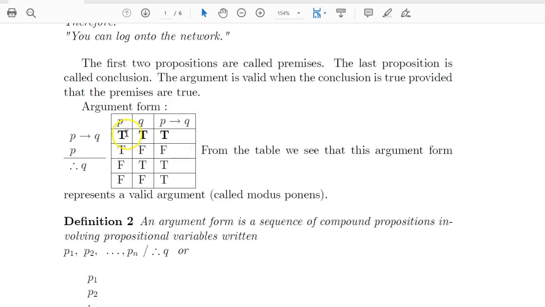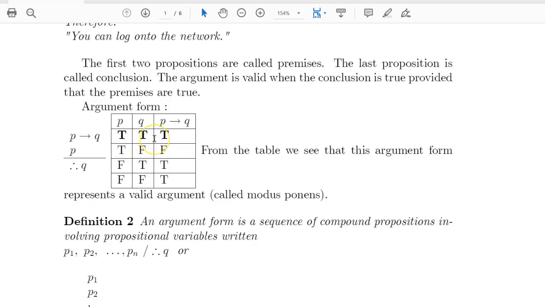Now go over the values of the premises. The premises are if P then Q, and P. Anytime when both of the premises are true, the conclusion must be also true.